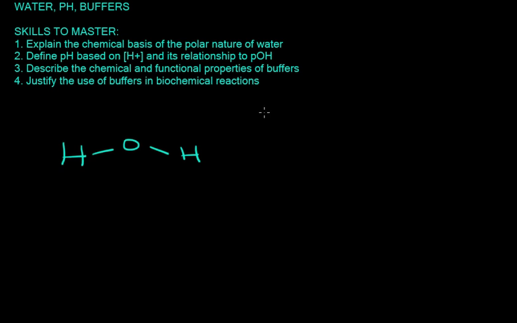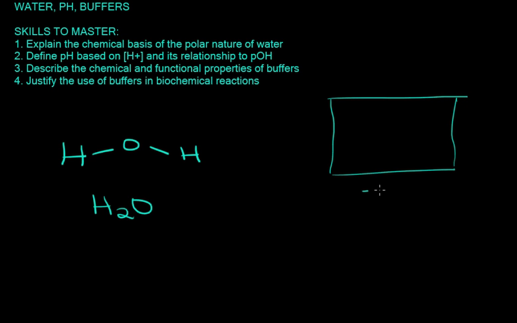Okay, so first off, I've started off by drawing the chemical structure of water. You should absolutely have this down without even thinking about it. H2O, chemical formula, chemical structure. And as we know from the periodic table of the elements, the elements to the right and up are electronegative.